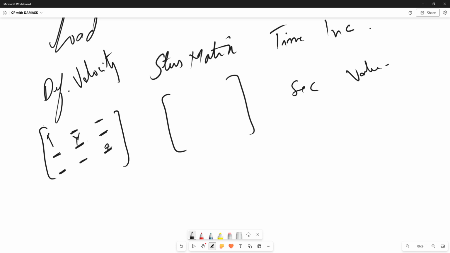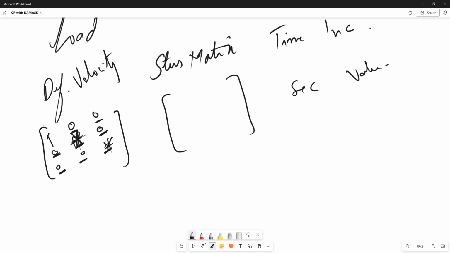So if I say I want to apply deformation in this direction, what I usually do is I leave the others free, because if I apply deformation in a certain direction, there will be negative deformation in the other directions. I don't know that, so I will just say I don't know that. But I do not want to apply shear, so what I will always do is write here 0, 0, 0, 0, 0. Now this is 1.